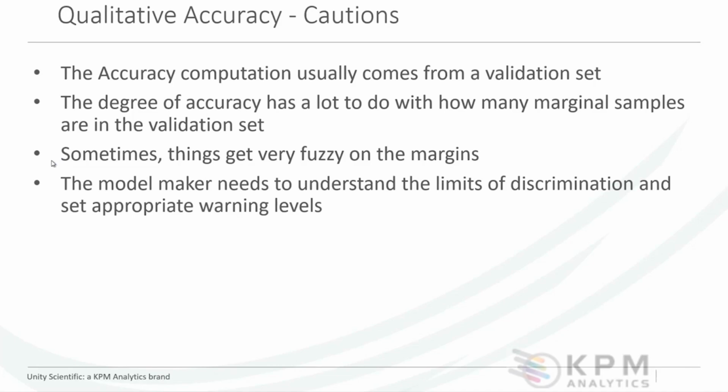The degree of accuracy is going to be based on your marginal samples, or the ones that are in these gray areas. And some of the times these gray areas have a lot of samples in there. And again, you need to understand what are the costs of being wrong in one way or another and set your appropriate limits.